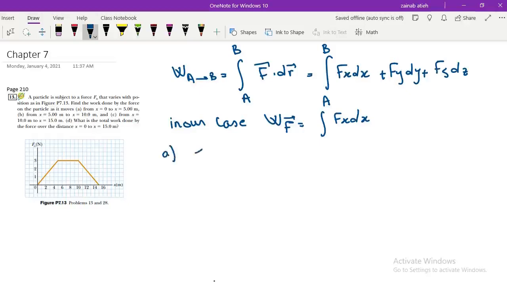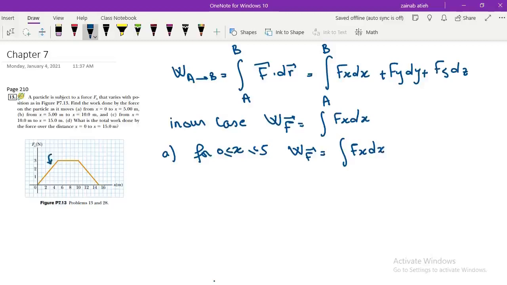For x between 0 and 5, the work of the force F is equal to the integral of Fx dx. We have Fx as a graph as a function of x, so I can find the equation of the straight line in terms of x.